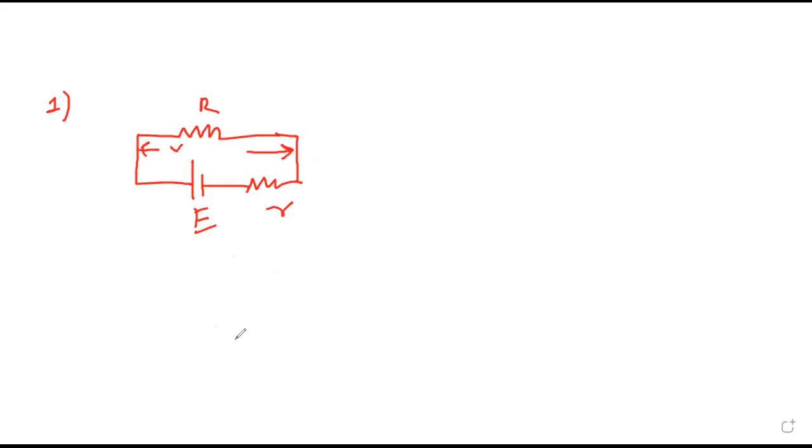First one, a resistor R is connected to a cell of EMF E having internal resistance r. Potential across this is found to be V. Then state the relation between E, V, small r, capital R. So current here will be I. So I can say E equals I into capital R plus I into small r.